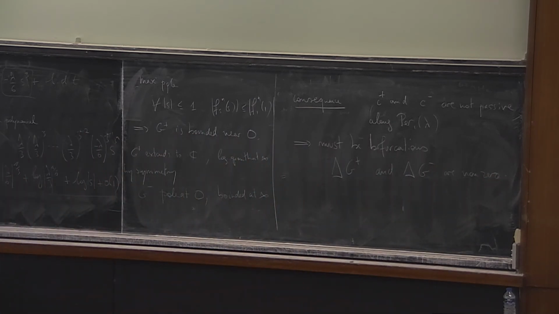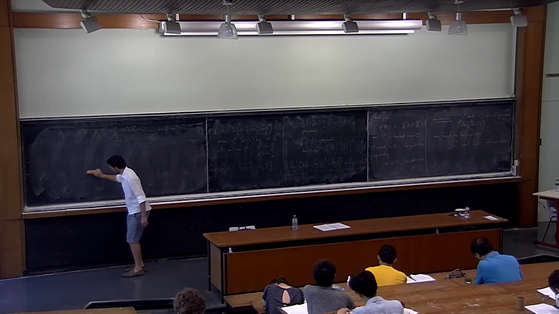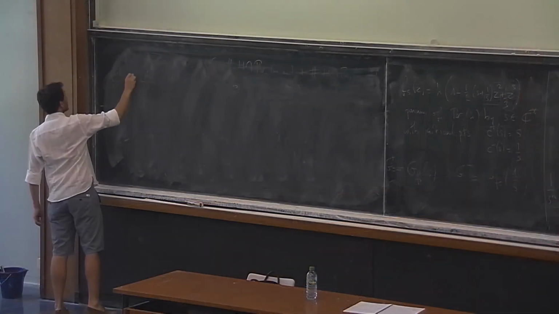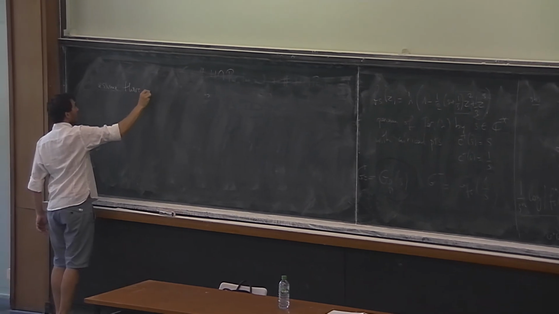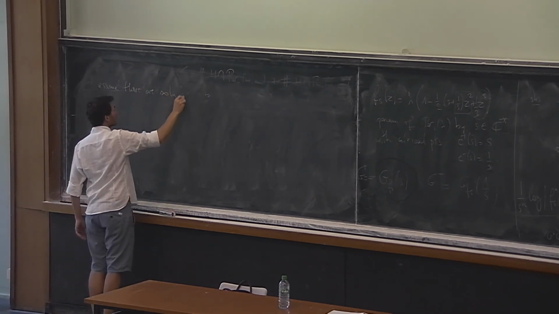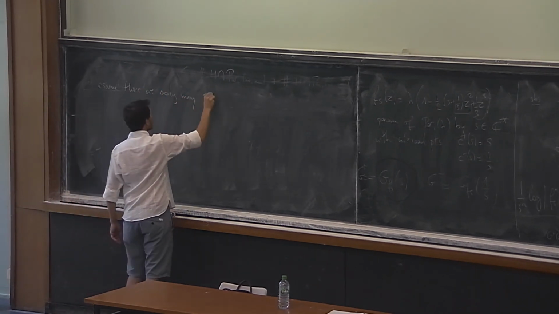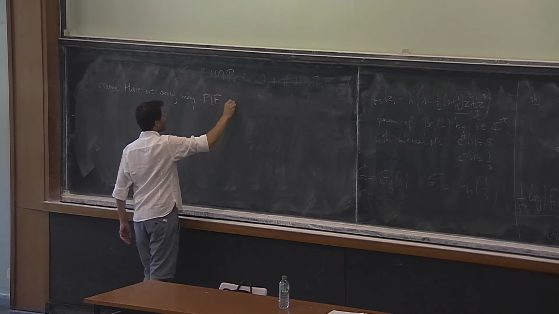Okay, so now let me apply arithmetic equidistribution. So far I did not make an assumption. So now I assume there are infinitely many post-critically finite parameters on the curve.